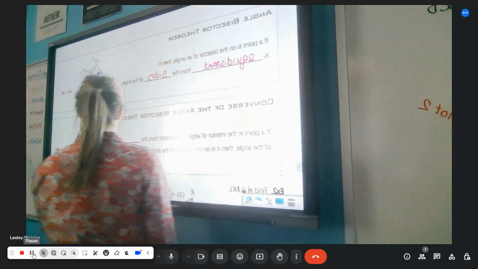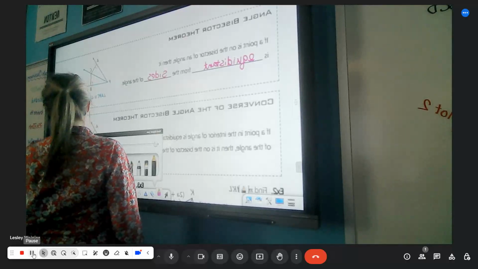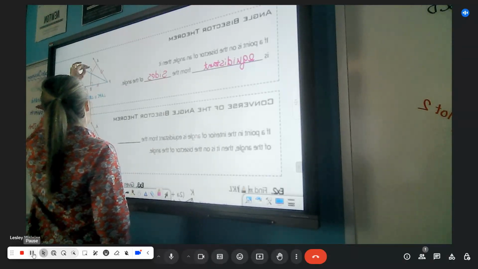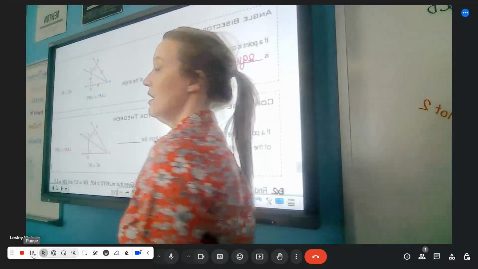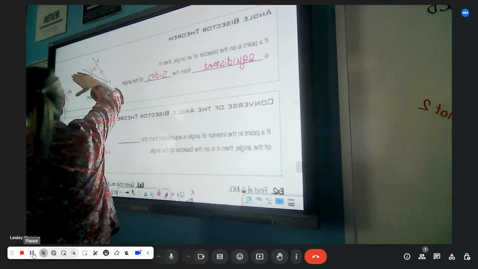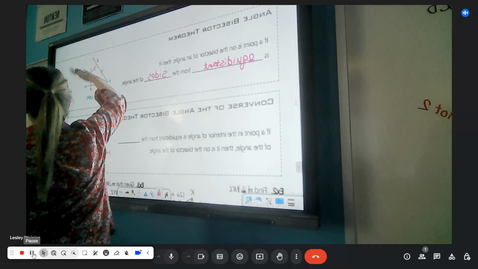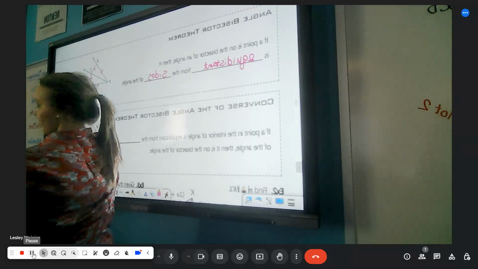Okay, so what she's saying is, don't we also know this? And yes, we do. Okay, you can probably see that I have a reflection with line PC being my axis of symmetry. Everybody see it? Okay, cool.